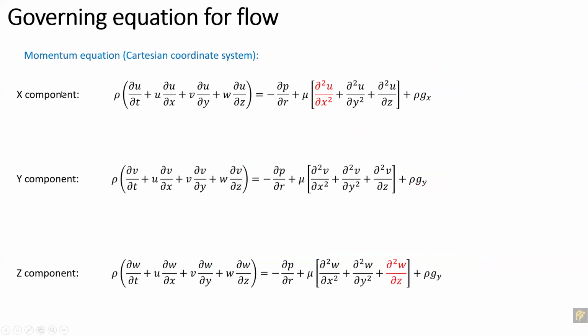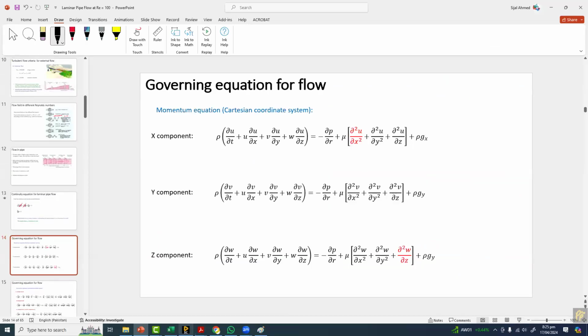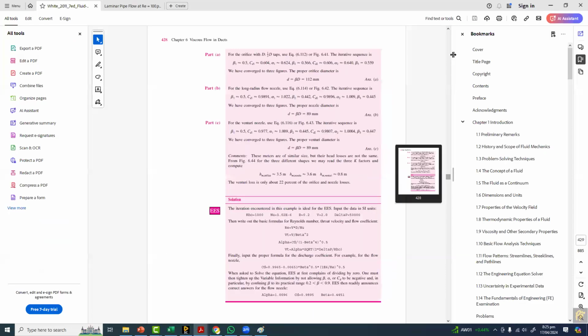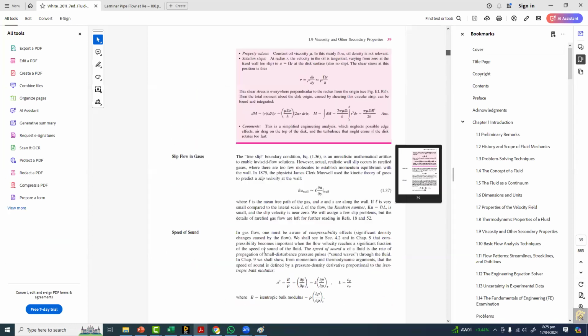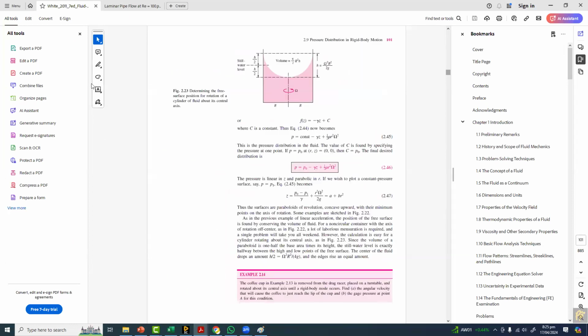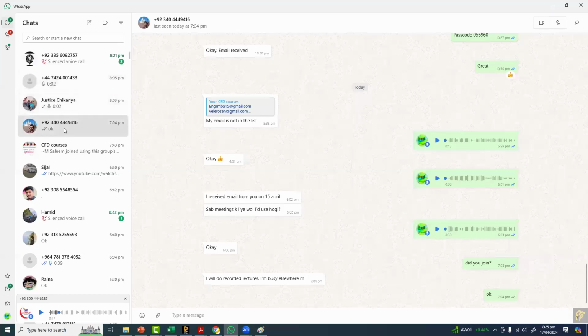Now, if you take a look at the momentum equation in the cylindrical coordinate system, I would suggest one thing, that you can go through this book by Frank White. I also put the same book in the group, so you can download it from there.